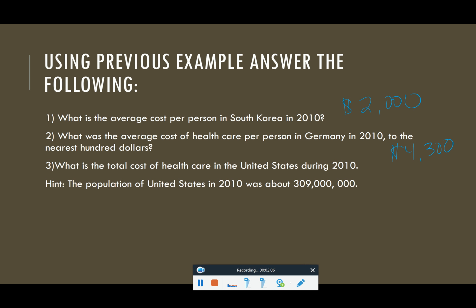What is the total cost of healthcare in the United States during 2010? This time you want the total cost of healthcare, and it's known that in 2010 the population was about 309 billion, okay?